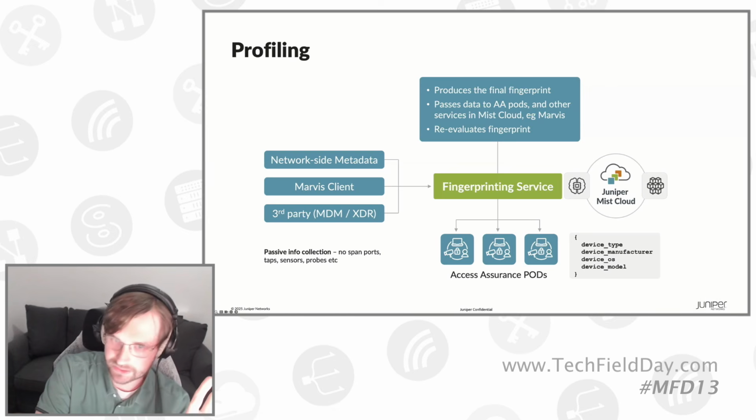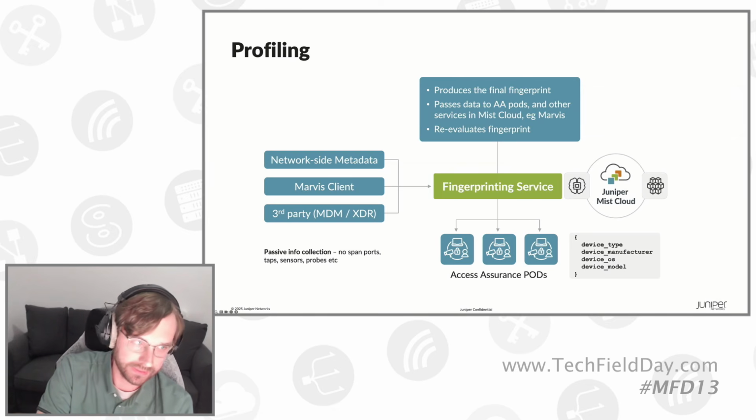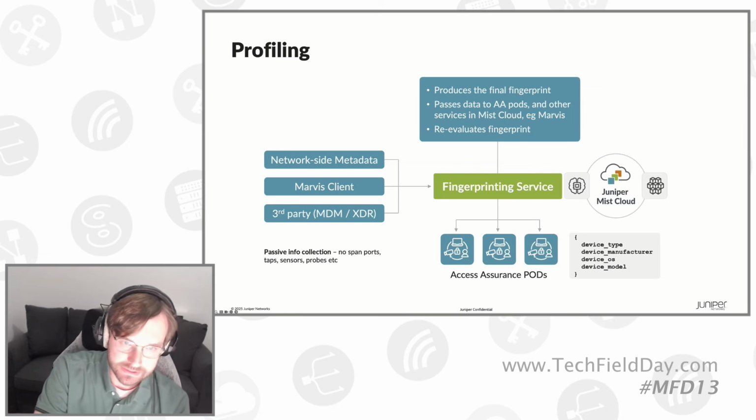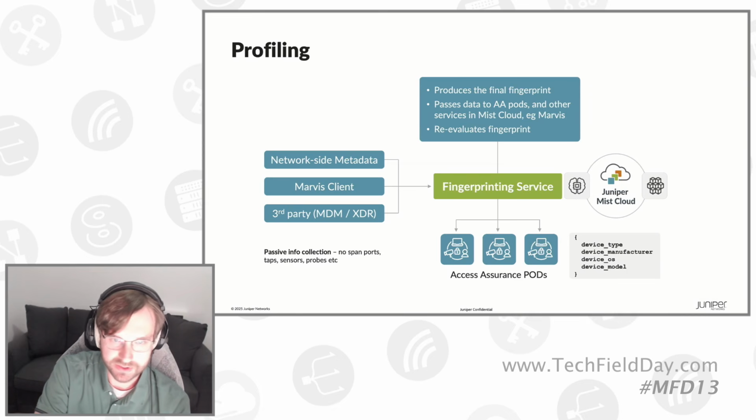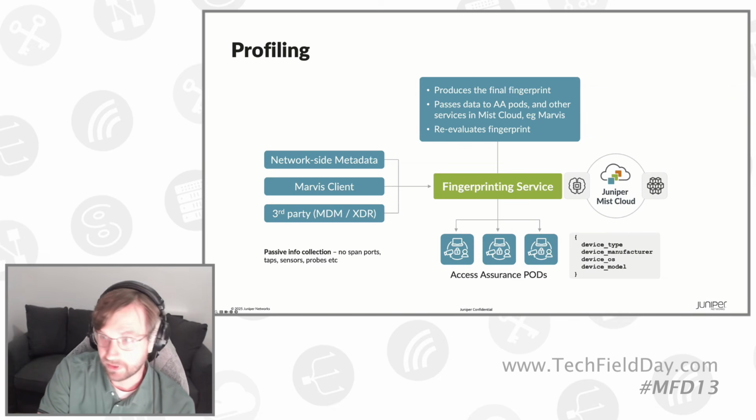So some specifics on how we are doing and what we are doing behind the scenes. As I said, this is a fingerprinting or profiling service that runs in our cloud. It gets data from multiple sources. It gets network side metadata that comes from our switches, APs, or even third-party devices that are using our NAC. It gets data from Marvis client if it's installed on the device, or any third parties that we integrate directly.